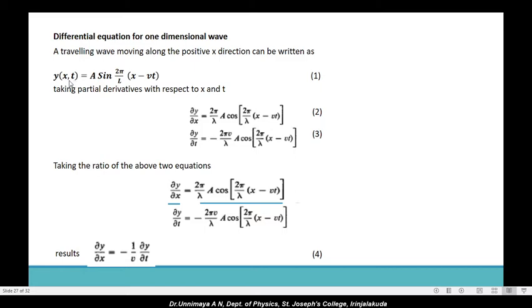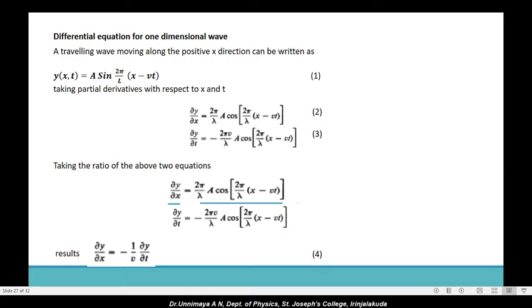So we have to represent it as dou y by dou x, which means the derivative of y with respect to x, keeping the other variable t constant. Again, if we are taking the derivative with respect to the other variable t, it becomes dou y by dou t, the derivative of y with respect to t, keeping the other variable x constant. That is the difference between a normal derivative and a partial derivative.